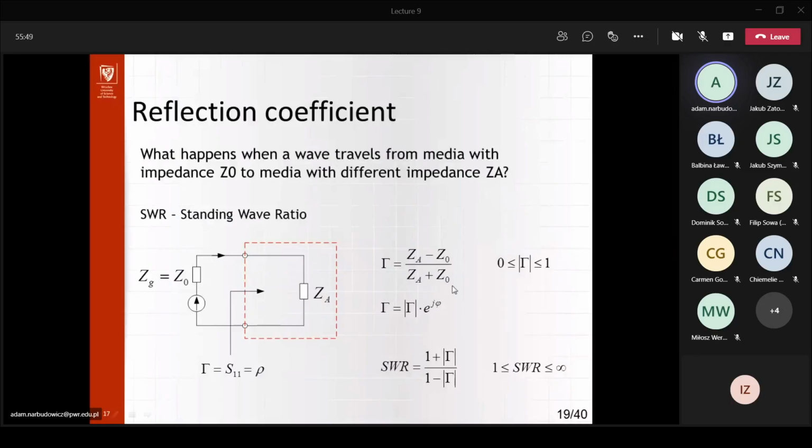And if they're not the same, part of the energy will be reflected back, and firstly we will have less power accepted into the antenna. And secondly, we may also experience what's called a standing wave in our cable, which is not necessarily a nice thing to have. The standing wave ratio, or SWR, can be simply calculated directly from the absolute value of the reflection coefficient as calculated here.